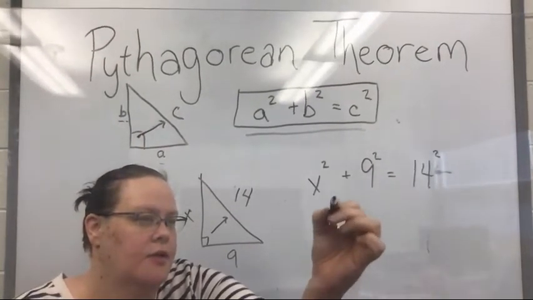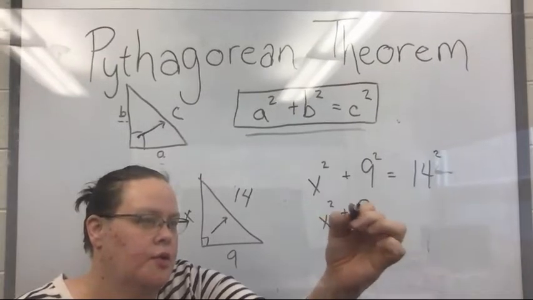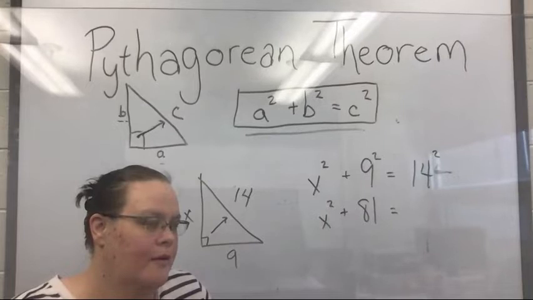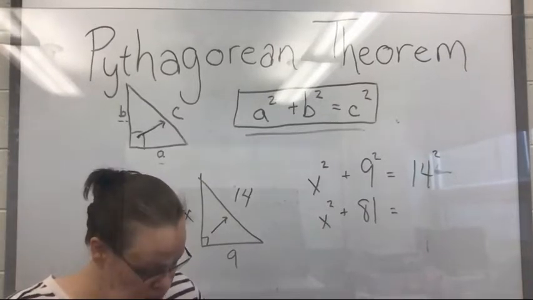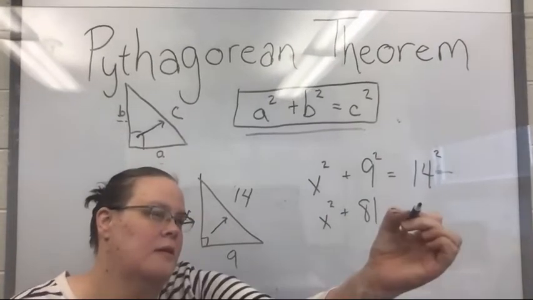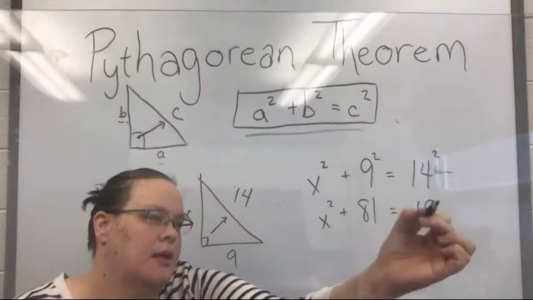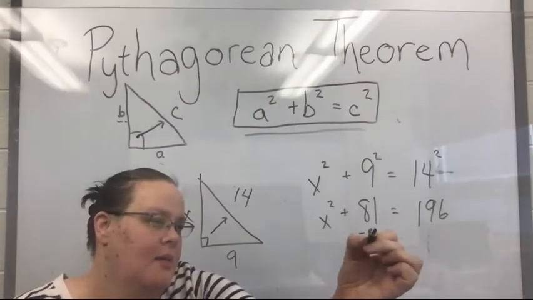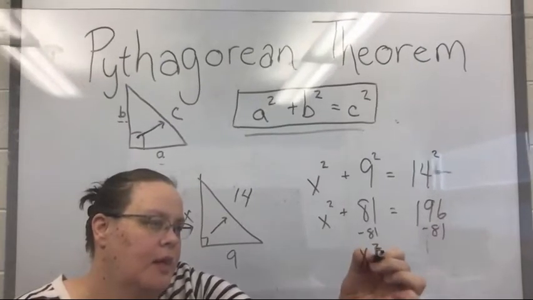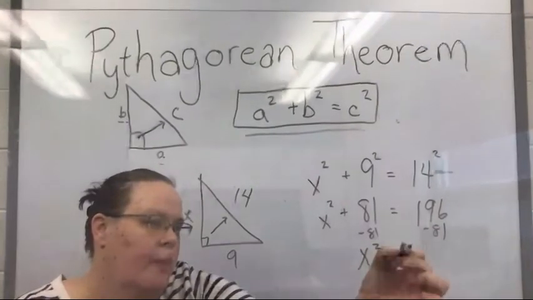So we can go ahead and square the things that we know. 14 squared is 196. I want to get this 81 out of there. So if x squared is equal to 115.